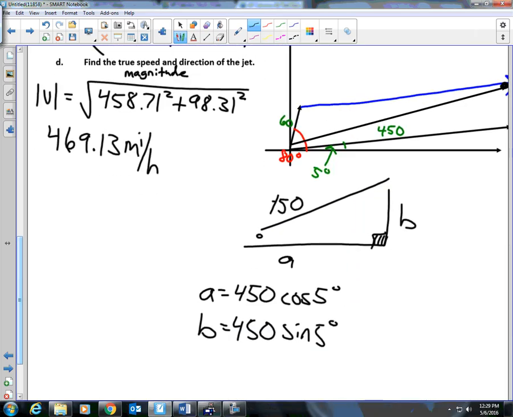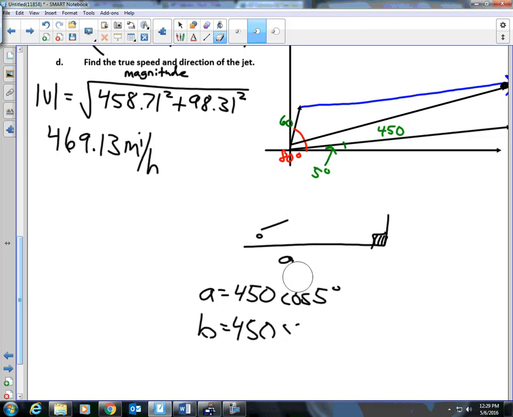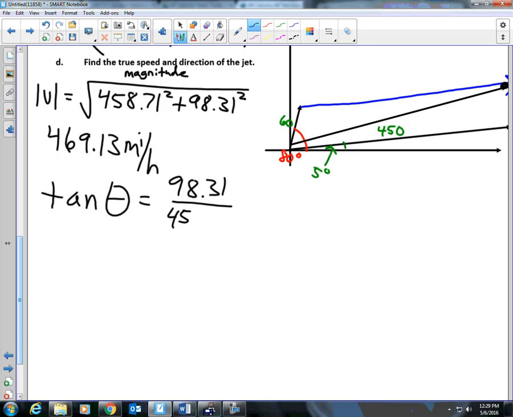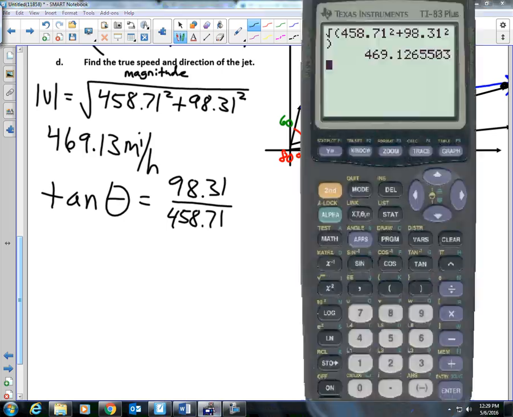Now what we need to figure out is direction. What formula do we set up to figure out direction? Tangent theta is equal to 98.31 divided by 458.71. Tangent inverse of 98.31 divided by 458.71. I had 12.10.